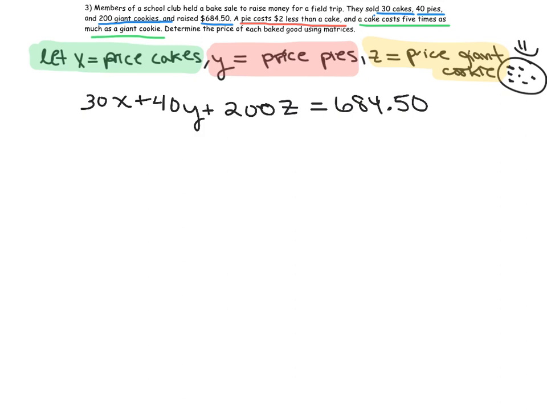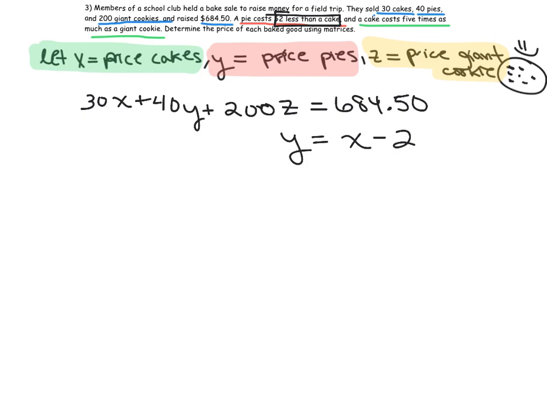We know that the price of a pie is $2 less than a cake. So if a cake is x, it's $2 less than that.